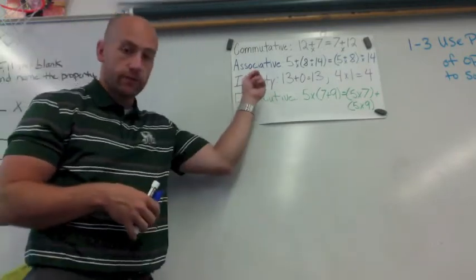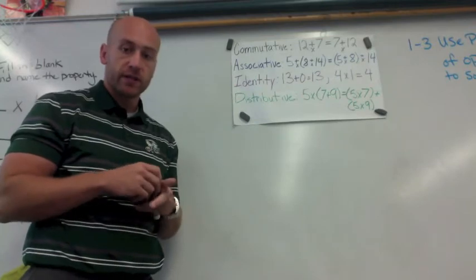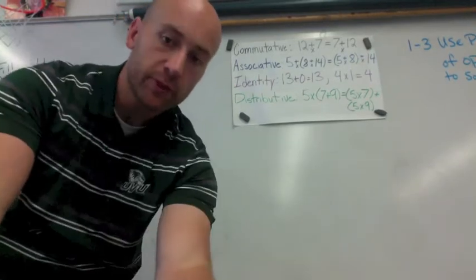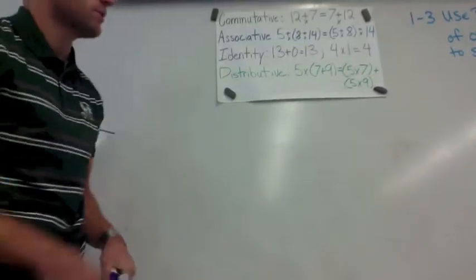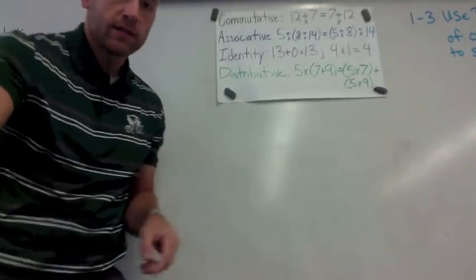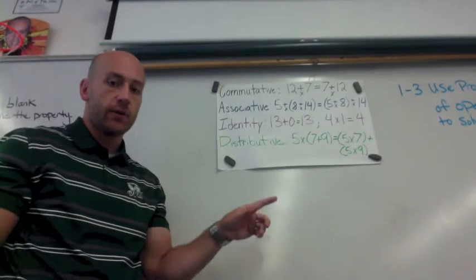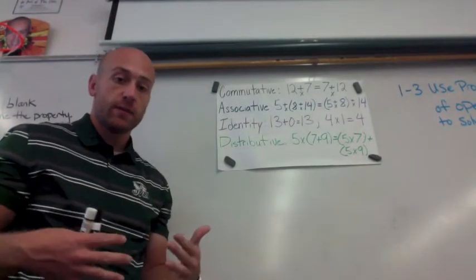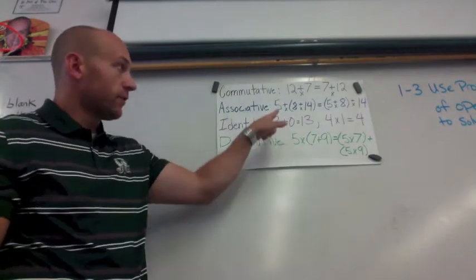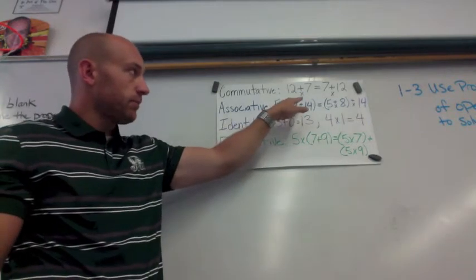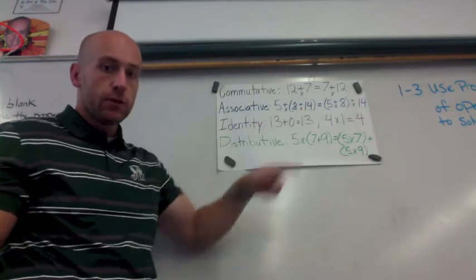Okay, associative. There's the associative property of addition and the associative property of multiplication. With the associative property of addition, we can associate different numbers together and it'll still have the same answer. Remember, these have to do with the parentheses. If you have 5 plus 8 plus 14, you can mix things around.